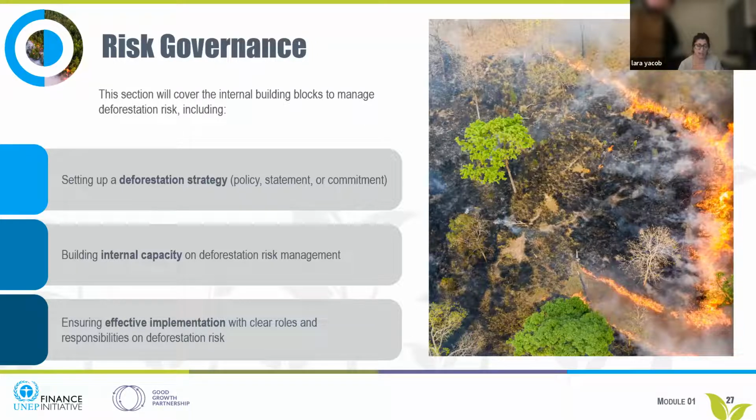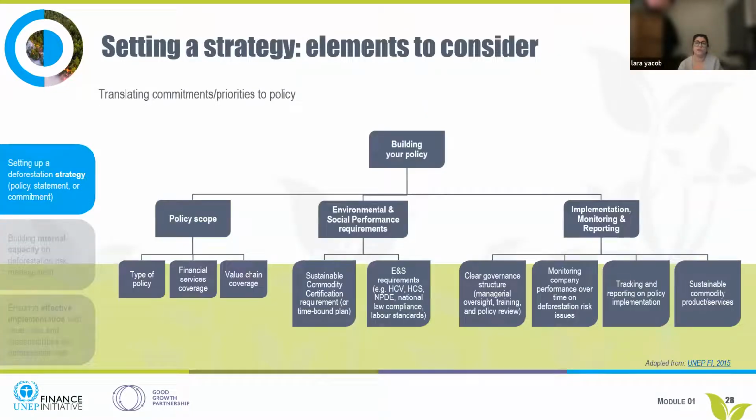Next slide, please. So here we see, how do you set up a strategy? These are elements to consider by a bank, and I've mentioned some of them already. The scope of the policy, the ESG performance requirements, what is the coverage, are you covering the entire value chain of that sector from producer to retailer?